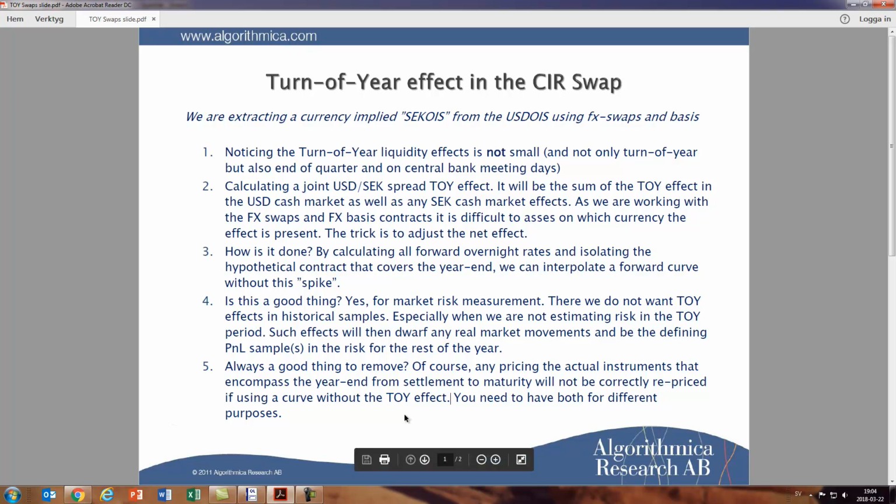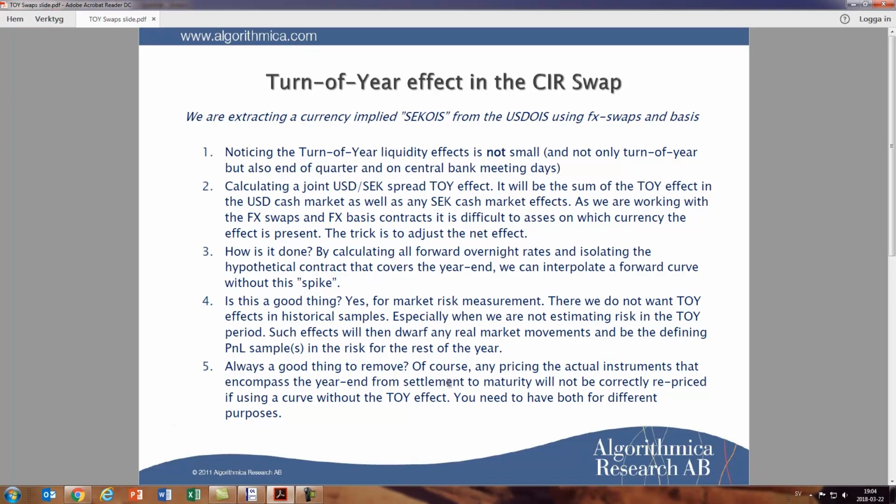But what are we missing when we do this? Obviously, we will miss in the pricing of instruments that actually go over the turn of year. If we remove the turn of year effect from the implied discount curve, any FX instruments that encompass this turn of year will have a discount factor that's wrong.